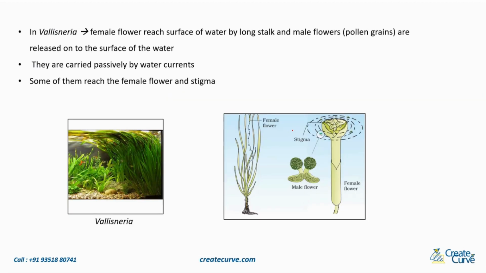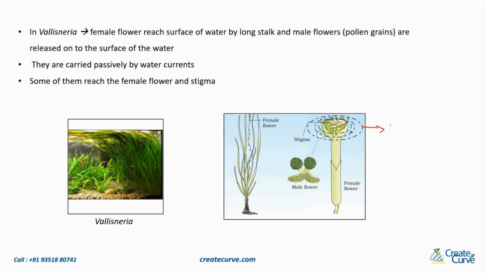Okay. So remember I spoke about Vallisneria, which is an aquatic plant, right? What happens in Vallisneria is the female flower reaches the surface of the water by the long stalk. As you can see over here, let us say this is the surface of the water.